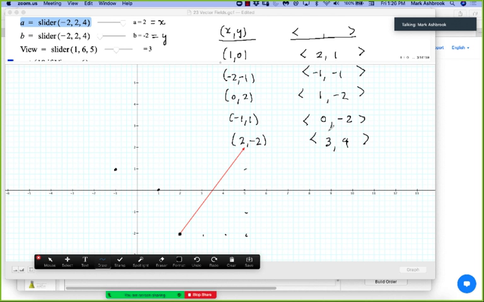Okay, so the x component could be a function of x and/or y. It could be just x, just y, it could be a constant, or it could be a function of both variables. So anyone see the pattern for the x component? x plus 1. Someone's offering up x plus 1. Does it work? 1 gives 2, negative 2 gives negative 1, 0 gives 1, negative 1 gives 0. Looks like it works.